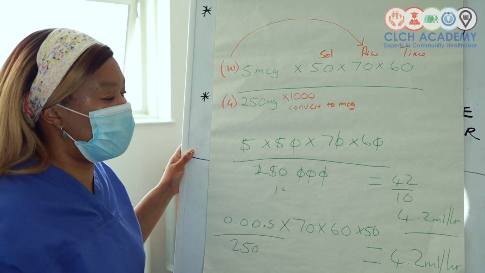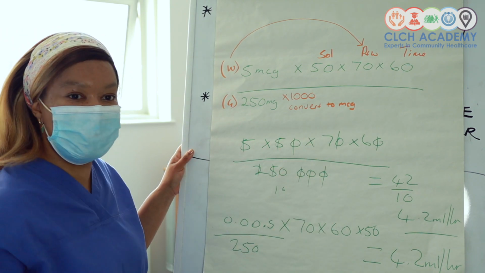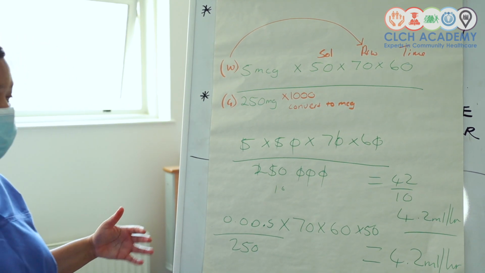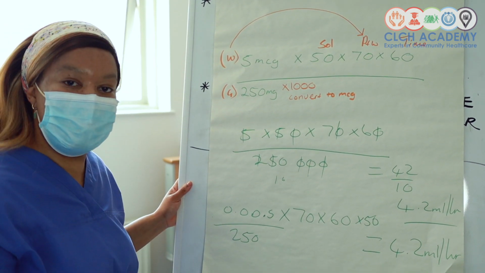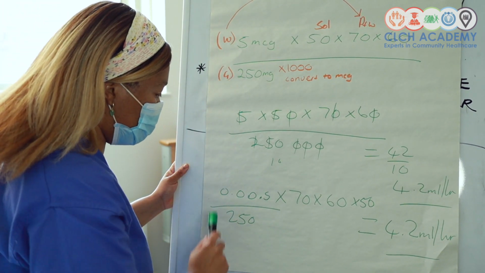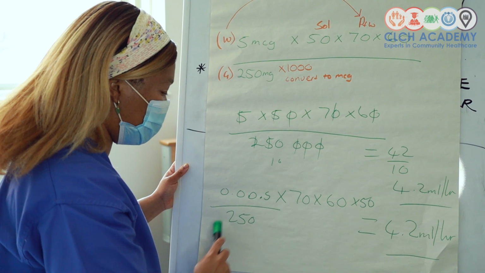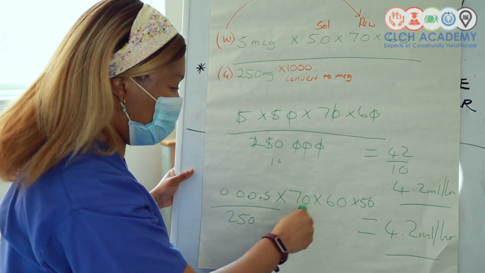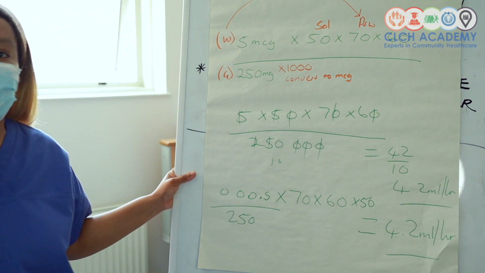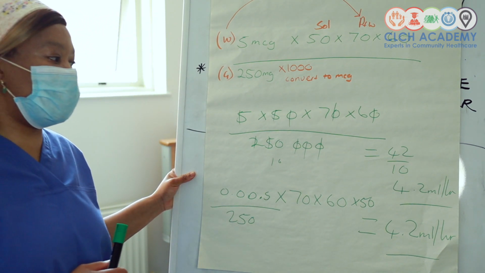If you were using your calculator, you'd be merely entering that data into your calculator. Alternatively, if you prefer to convert everything to milligrams, then 5 micrograms becomes 0.005 divided by 250 times 70 times 60 times 50, giving you a final answer of 4.2 mils per hour.